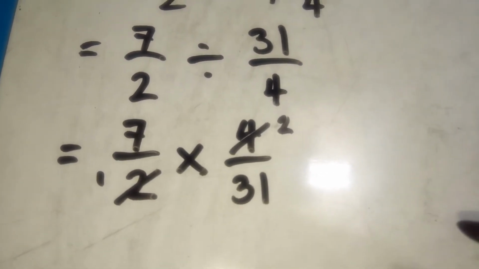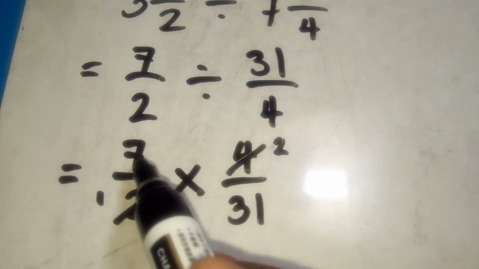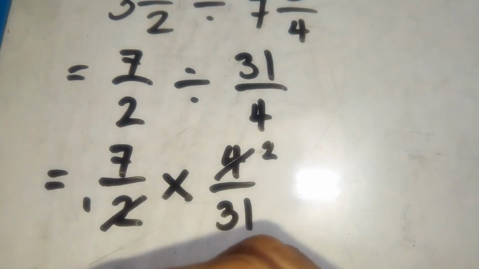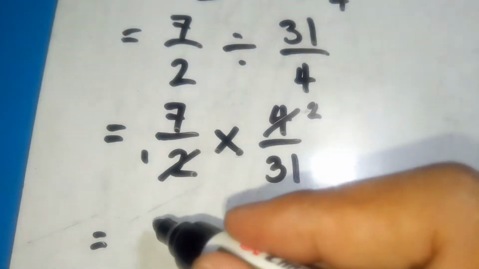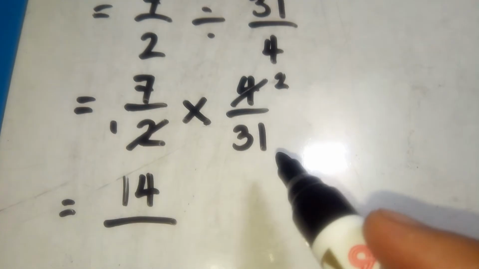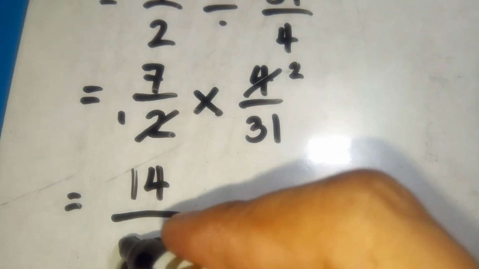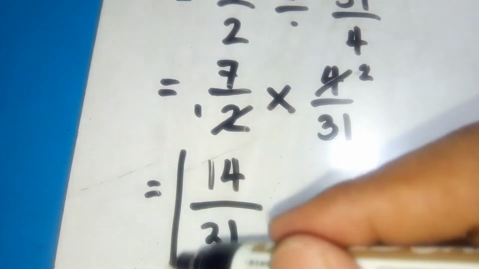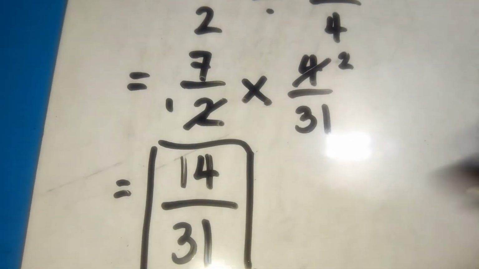No more, so we can now multiply 7 and 2. 7 times 2 equals 14 over the product of 1 and 31, so that's 31. This will be our quotient.